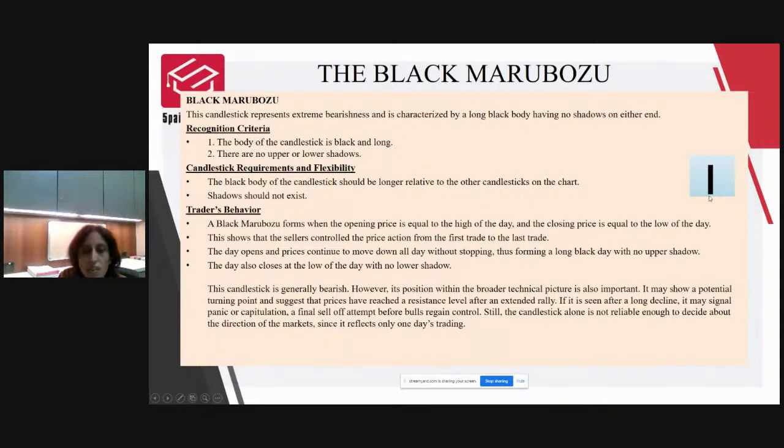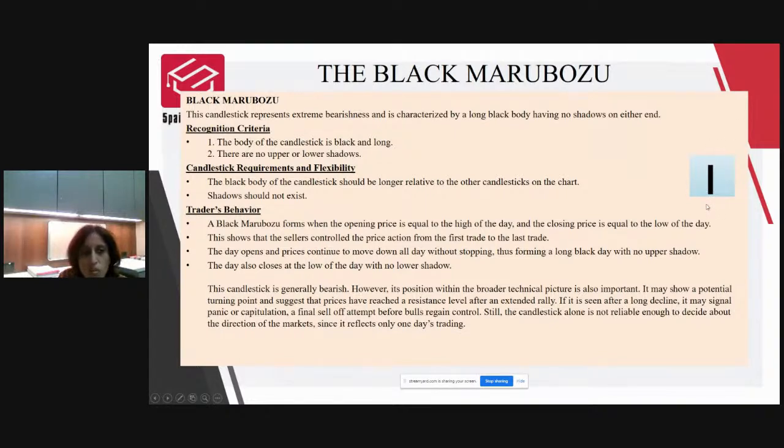Now this shows that the sellers control the price action from the first trade to the last trade. The day opens and price continues to move down and down and down, all day without stopping, thus forming a long black day with no upper shadow, right?